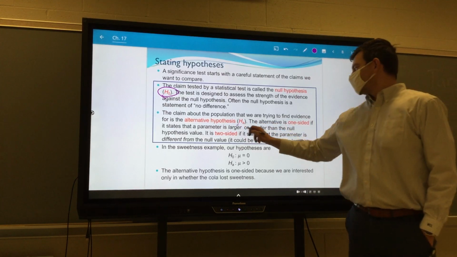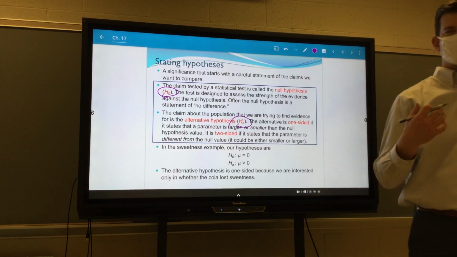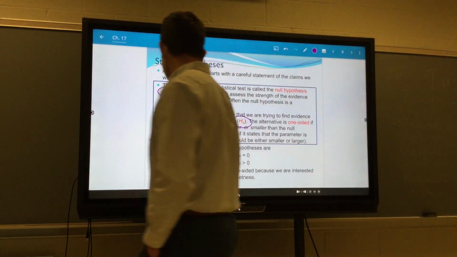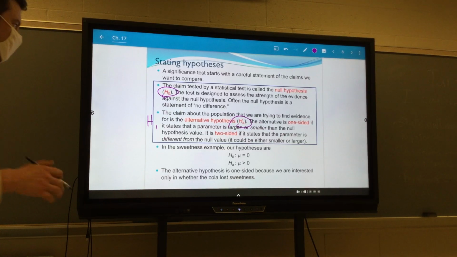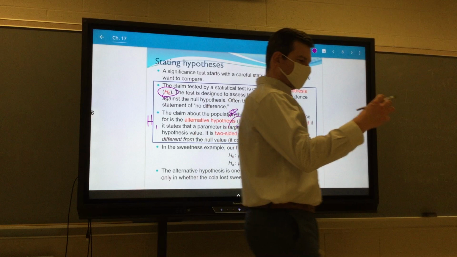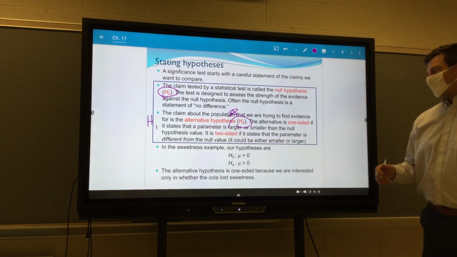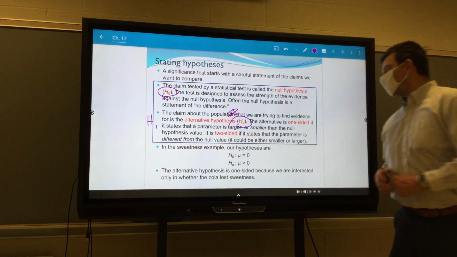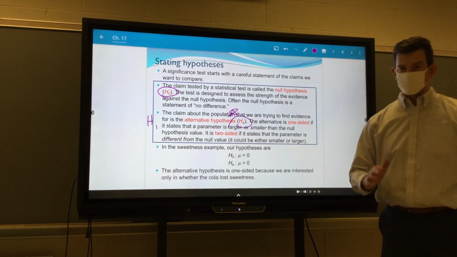This is notated by H sub A. Sometimes you'll see it as H sub 1. Okay? But this is the more common way of writing it. H with a subscript of A. Now, this alternative hypothesis, it's either one-sided or two-sided.